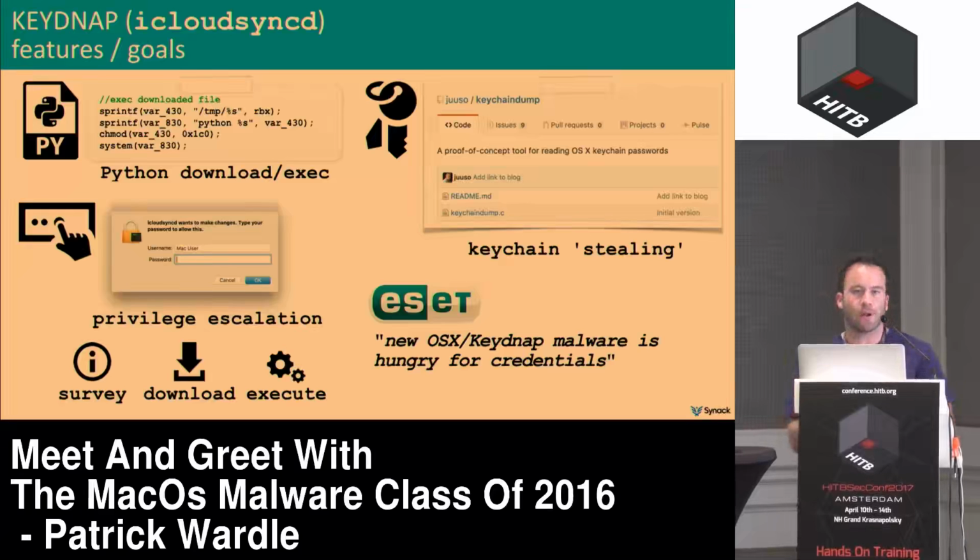It basically just pops up an authentication prompt asking the user for their password, and if the user falls for this and provides their password, then the malware will be able to execute at higher privileges. The coolest thing, though, is it has the ability to dump the keychain, and it does this using an open source utility called keychain dump that's been compiled into the application. So this way the malware is able to grab everything that's in the keychain, which is probably passwords and other sensitive pieces of information.